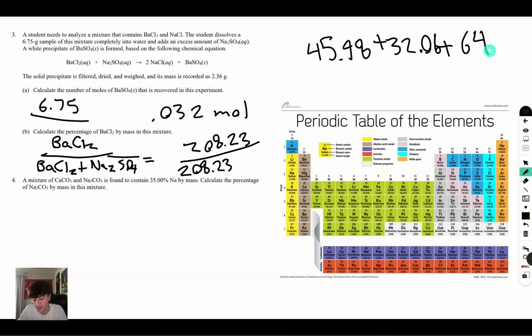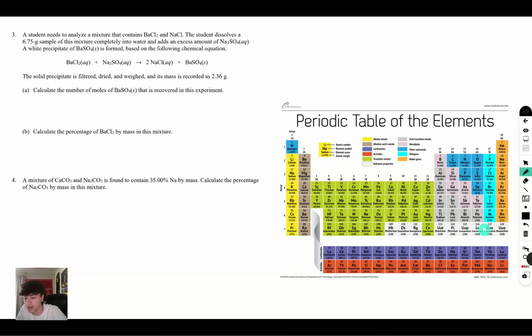So now let's divide the 208.23 by 350.25. And you get the percentage of BaCl2, which is 0.059. Or sorry, rather you'd have to multiply it by 100 first. So you get 59.45%.